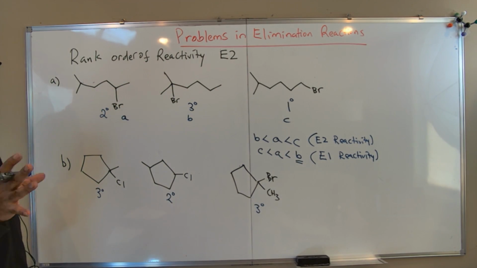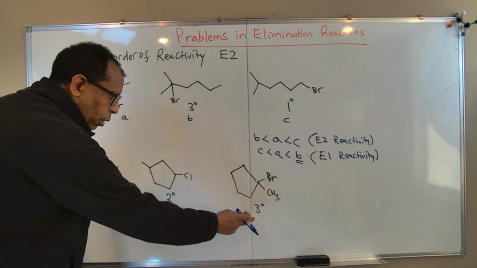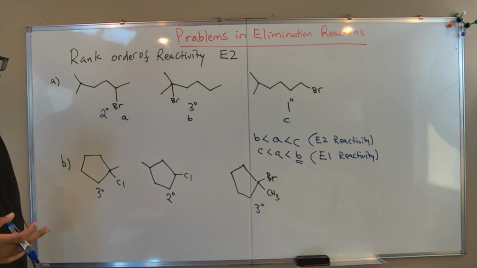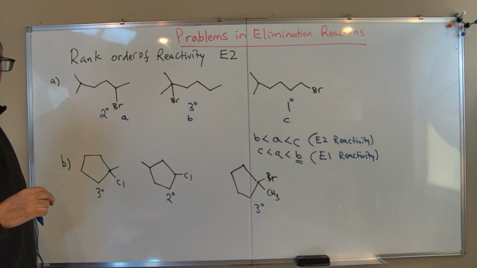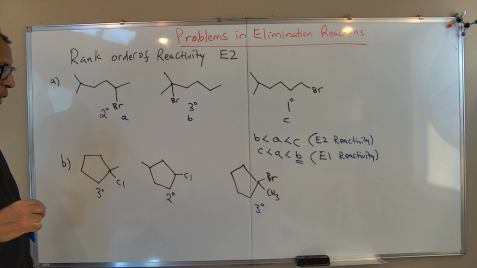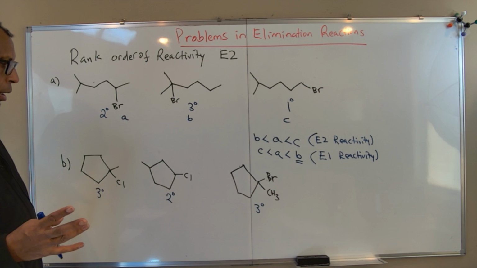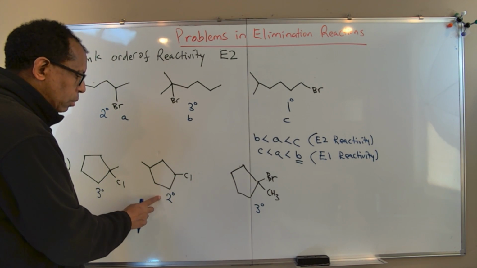Now, there is one more thing you have to know in terms of reactivity. These are both equal, they are both tertiary. How do you differentiate in terms of their reactivity for an E2 mechanism? So for E1 mechanism, relative to these, the fastest would be this.